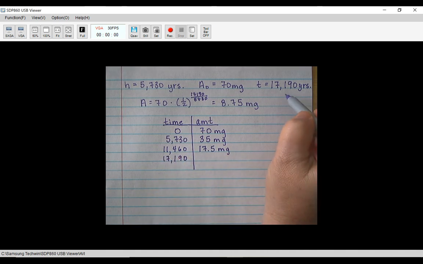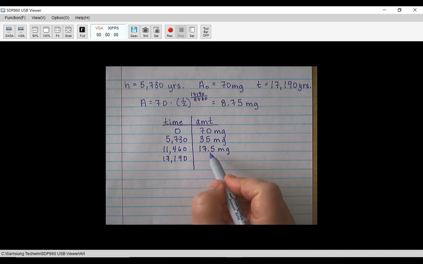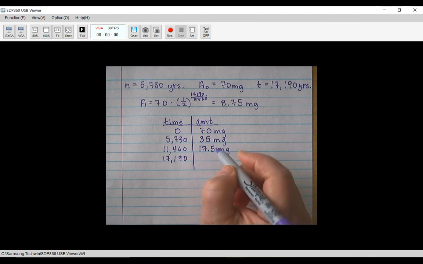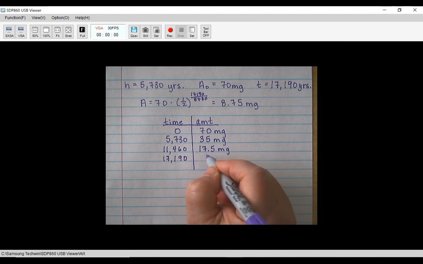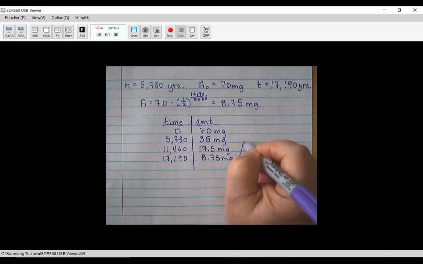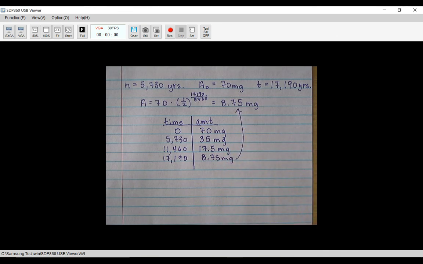What do you know? We're at 17,190 years. So we're going to half 17.5 again. And let's see, what's that going to be? 8.75. What do you know? Exactly the same answer we got with the formula.